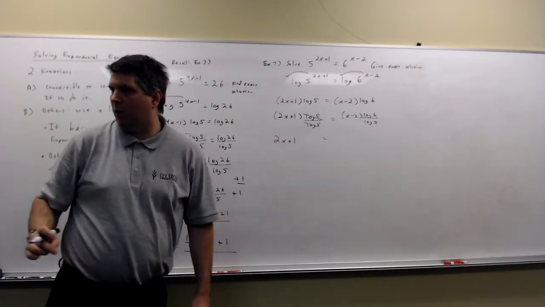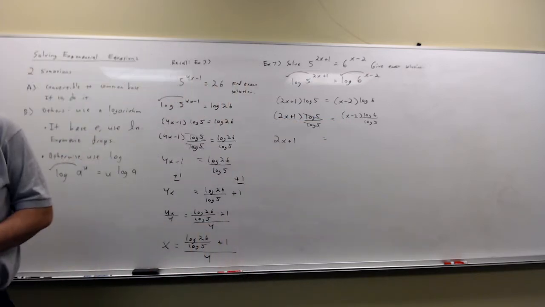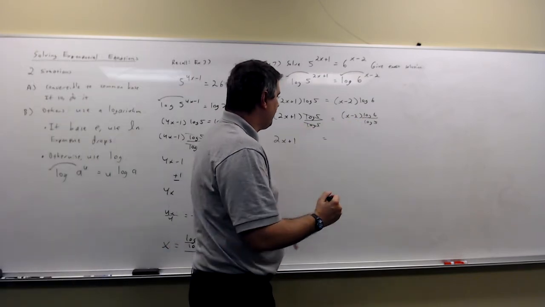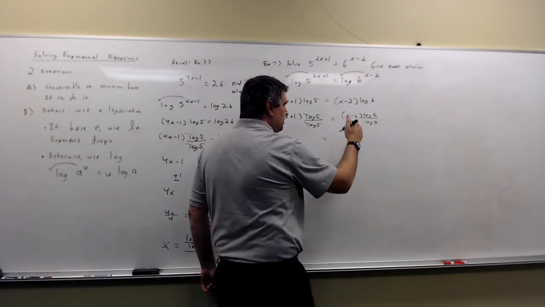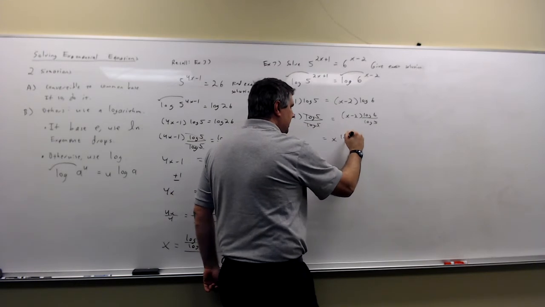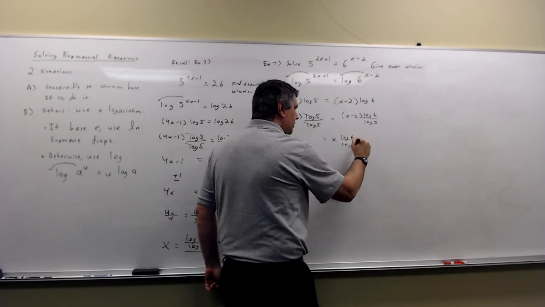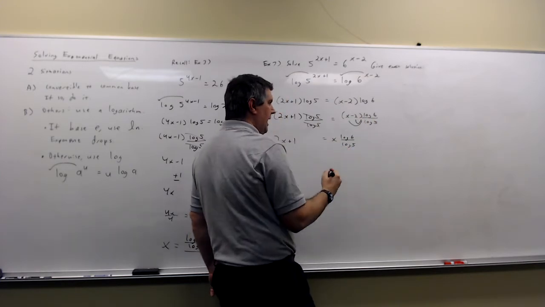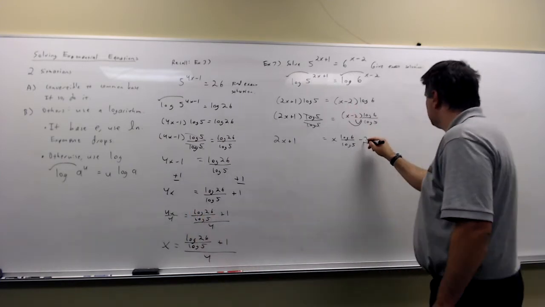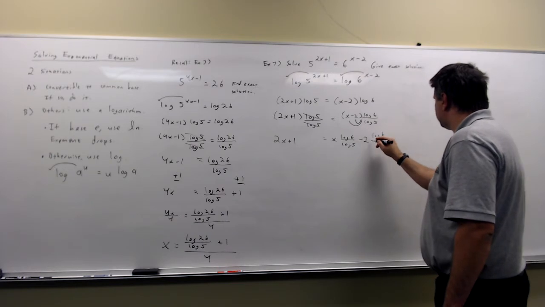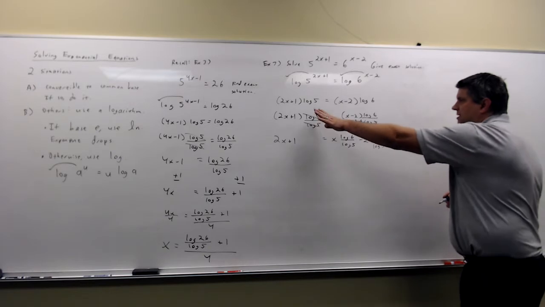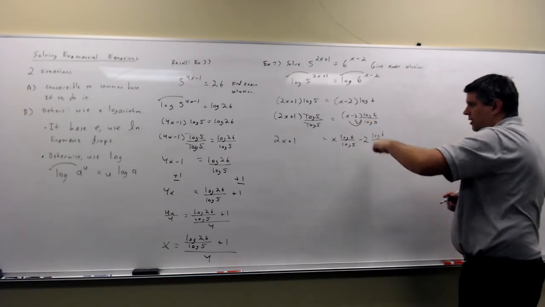Okay? Now, what I'm going to do here is go ahead and do the distributive property. So this is going to be x times log 6 over log 5. So distributive property time. Okay? Minus 2 log 6 over log 5. Okay? So on this side I cancel, on this side I distributed.